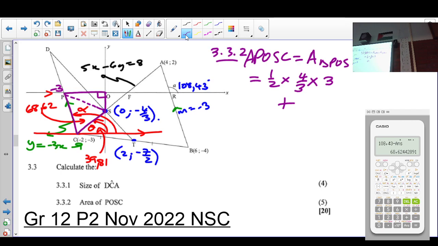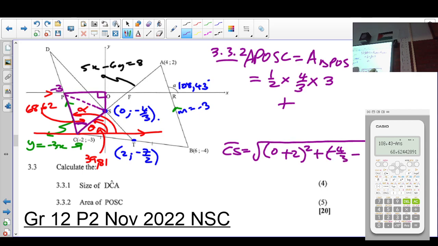as you can see here, we've got this angle here. That angle is 68.62. So I need to know the length of CS using the distance formula. So it's going to be 0 minus 2 squared plus negative 4 over 3 minus 3 squared.